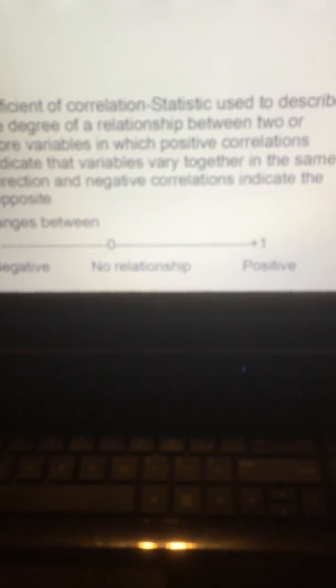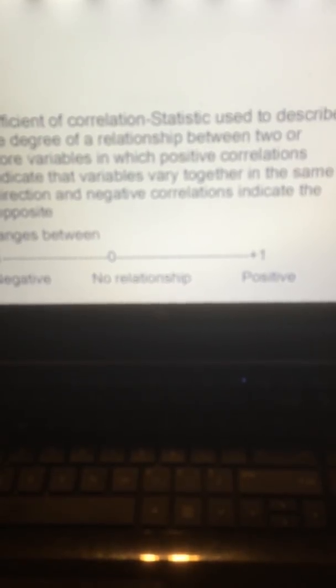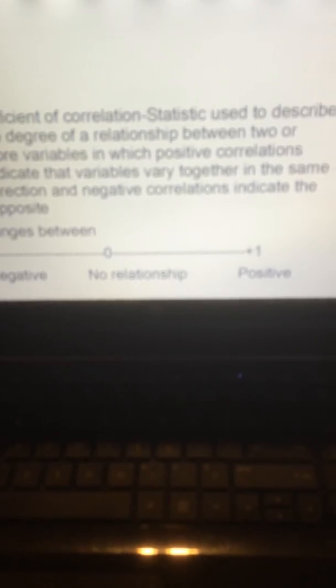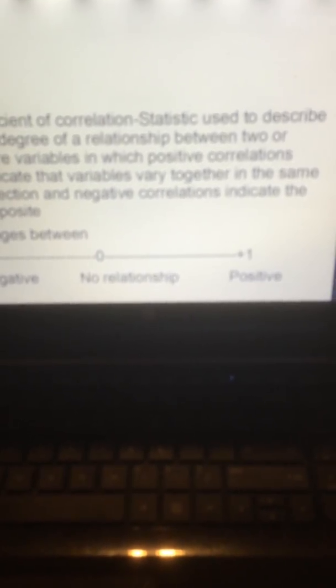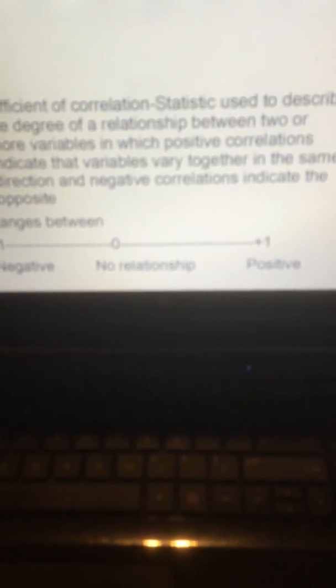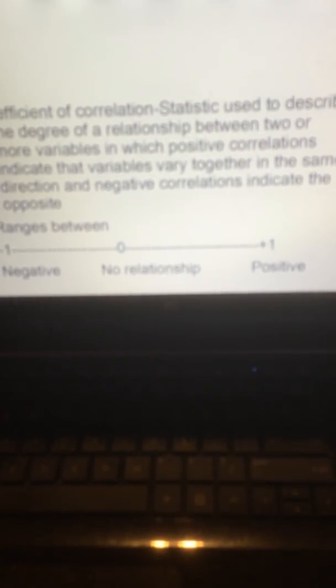That could be referring to something such as, let's say, auto value and mileage driven. The more miles you put on your car, the less you're able to sell it for. Right? That's considered a negative correlation. The more mileage, the less value.